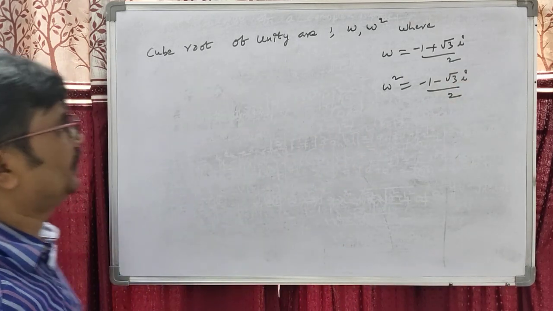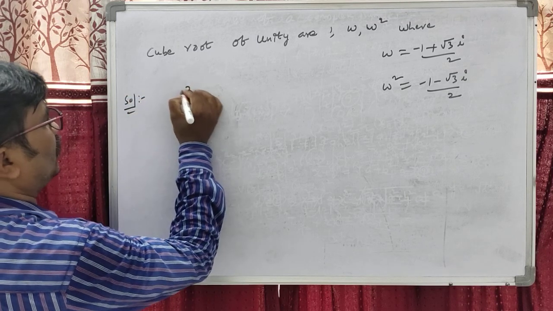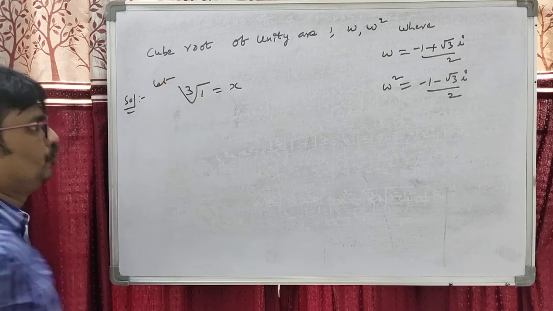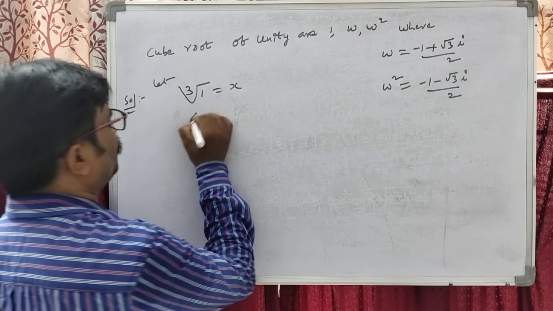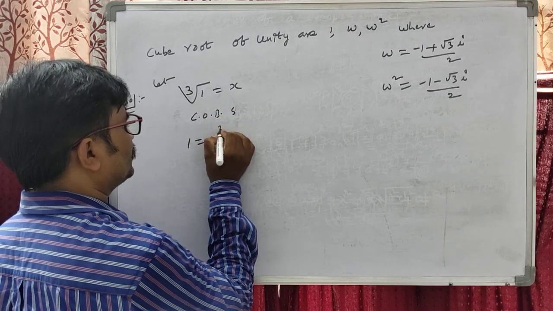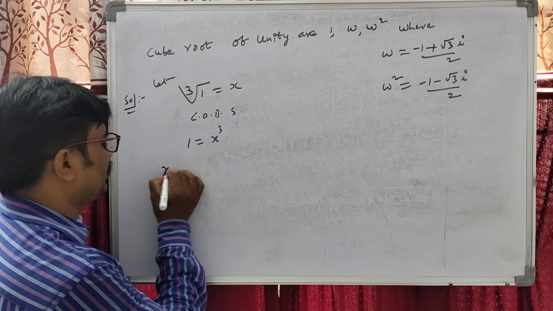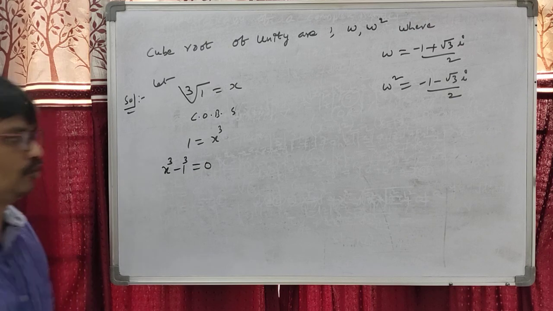So students, all of you listen here. The cube root of unity will be taken as some x. Now, cubing on both sides, 1 equals x cubed. My dear students, we can write this as x cubed minus 1 cubed, and 1 cubed is 1.